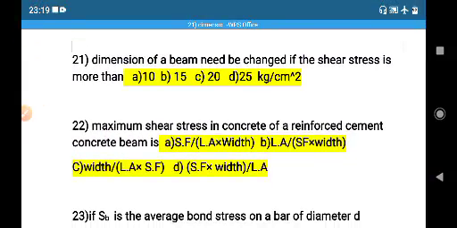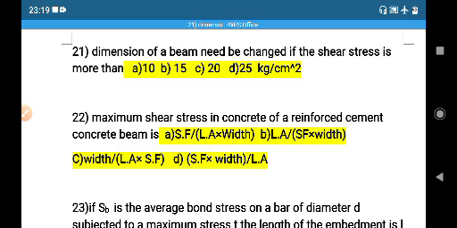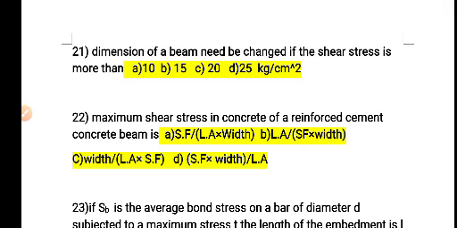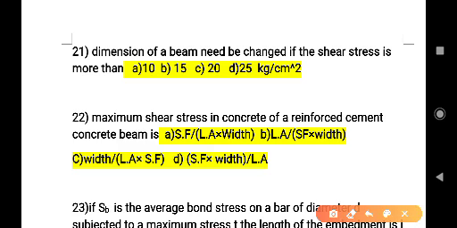Let's start. Here the first question is: the dimension of a beam need be changed if the shear stress is more than 10, 15, 20 or 25 kg per centimeter square. So here, if tau is less than or equal to 5 kg per centimeter square, then no shear reinforcement is required.